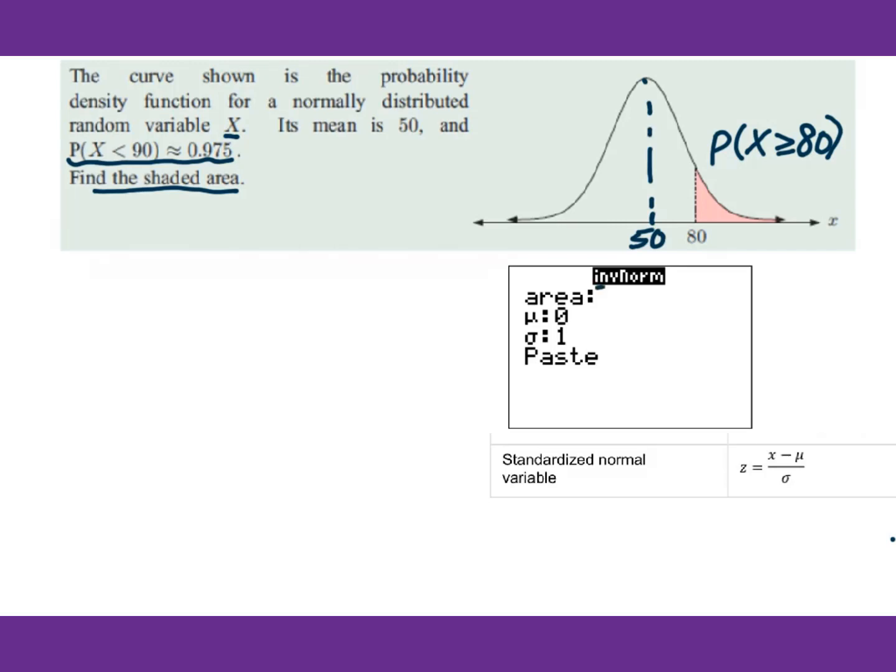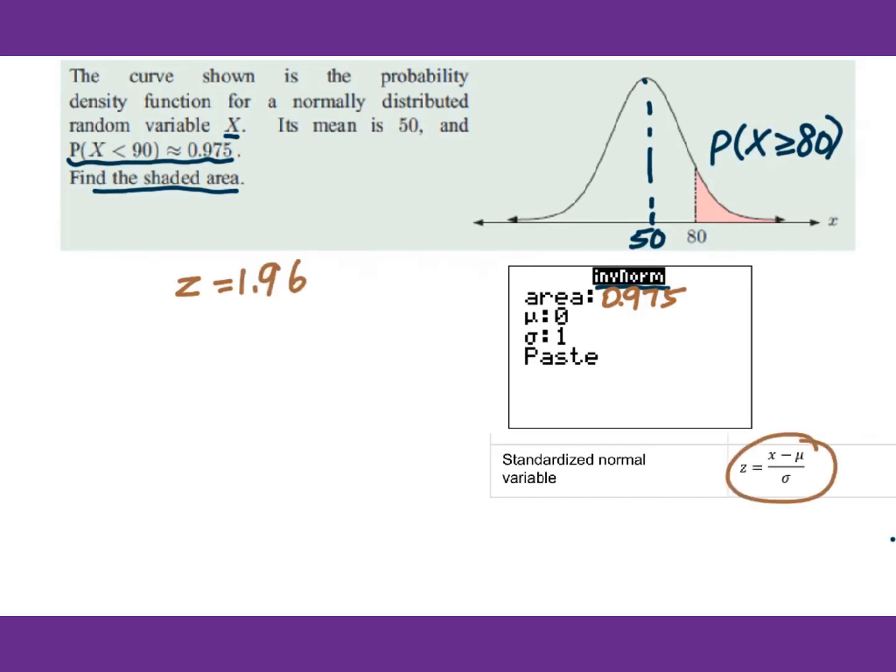So we go to inverse norm. The area we put in is 0.975. Then you will get the z-score equals 1.96.